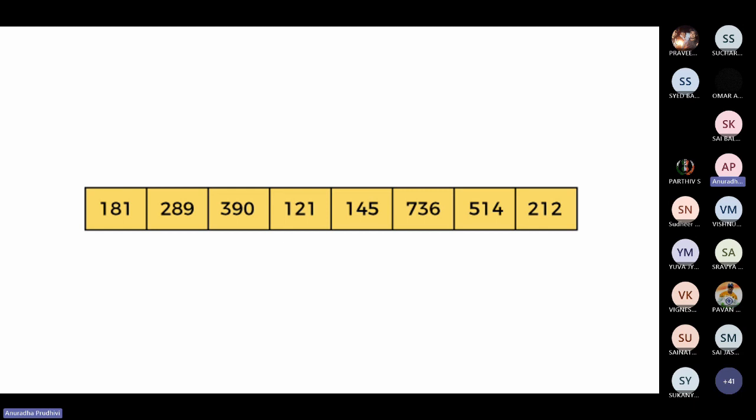Now consider this example: 181, 289, 390, 121, 145, 736, 514, 212. Consider the least significant digits: 1, 9, 0, 1, 5, 6, 4, 2.